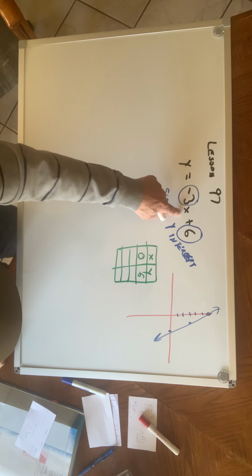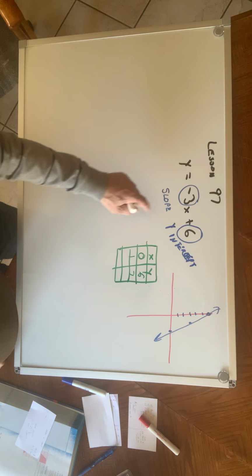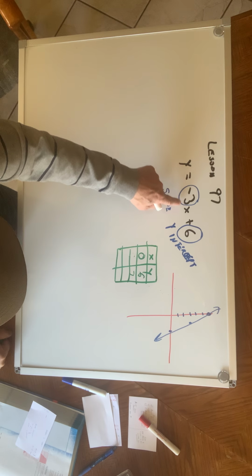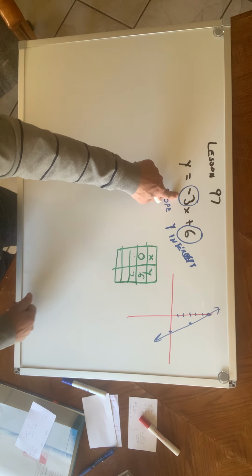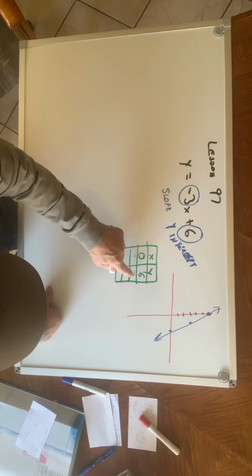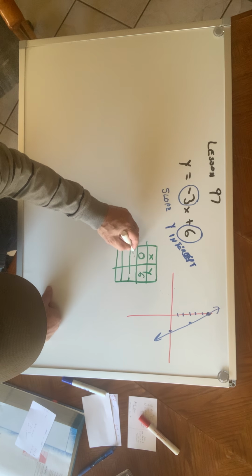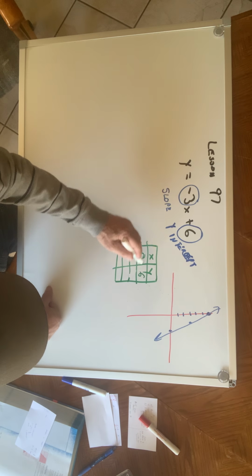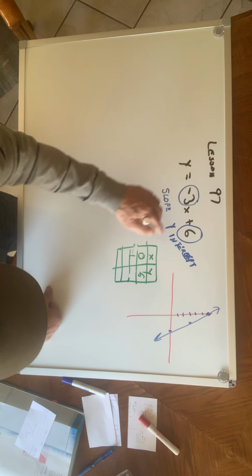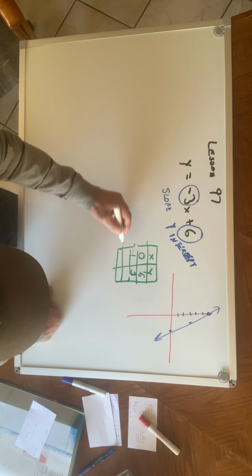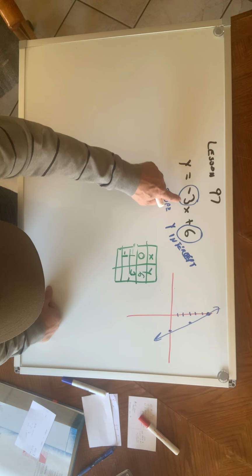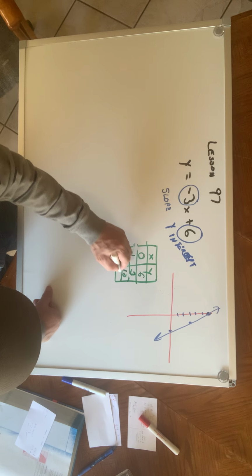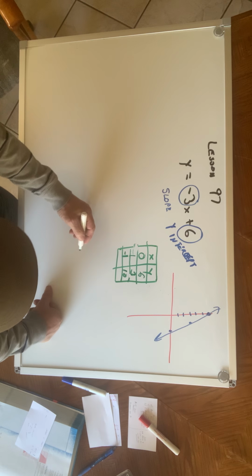If I plug in 1 there, I get negative 3 plus 6, which is 3. If I put in negative 1, negative 1 times negative 3 is positive 3, so I'm going to get 9 out of that. Okay, so I'm looking for smaller numbers there.